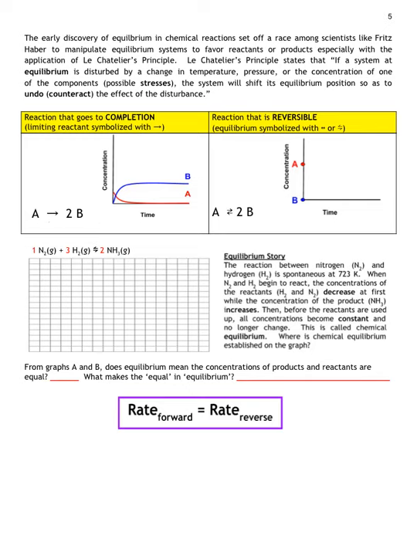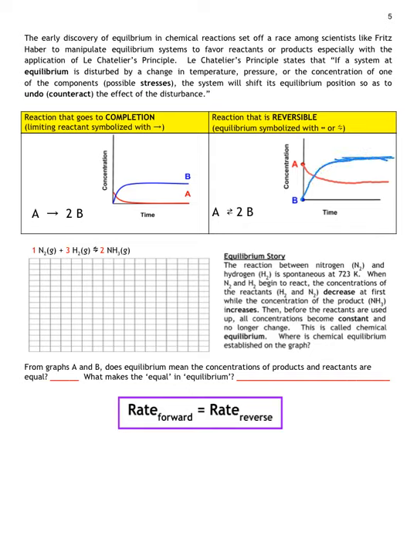We're going to see what happens in a reaction that is reversible, where you reach equilibrium, and of course to denote that we see a double arrow. So this is your equilibrium situation. In that case, you're going to see A decrease with time and level out. B is also going to increase twice as fast and also level out.